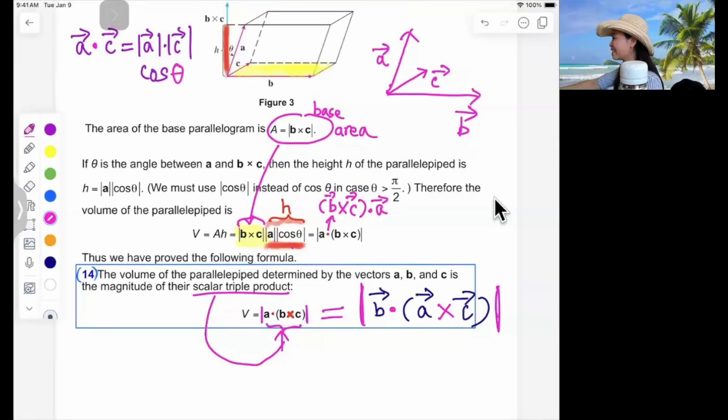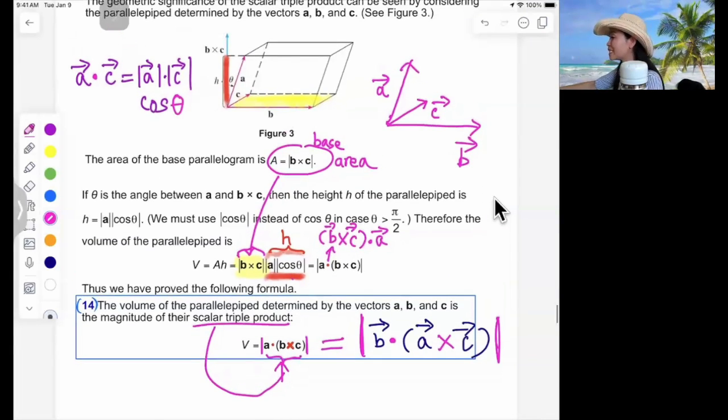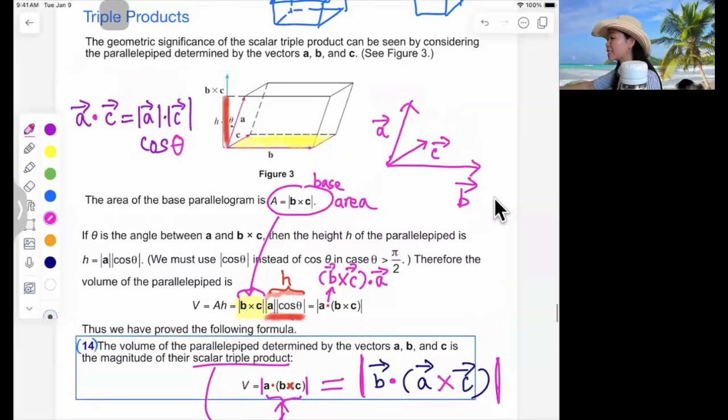It actually turns out to be the same because it just has three vectors here, right? It doesn't matter which one you take as a base. So if you take A and C here as a base, then this will be the same. Those are the three edges of the parallelepiped.